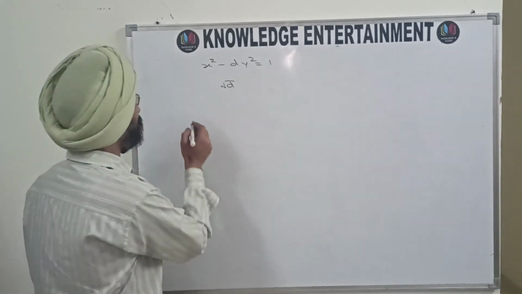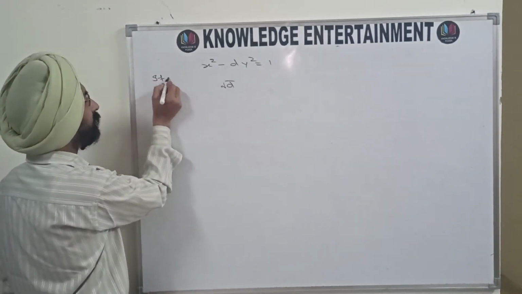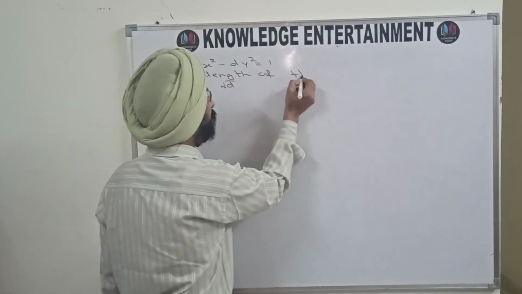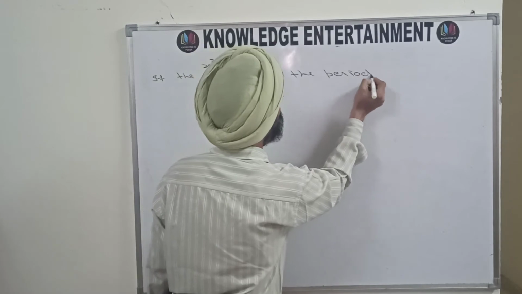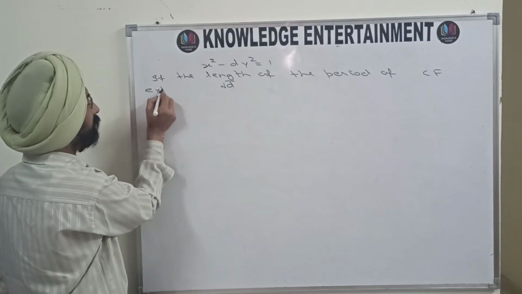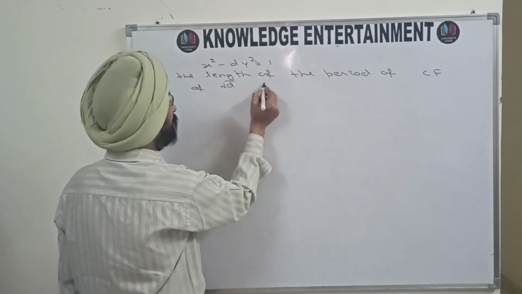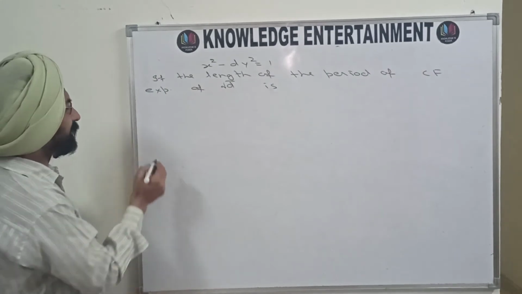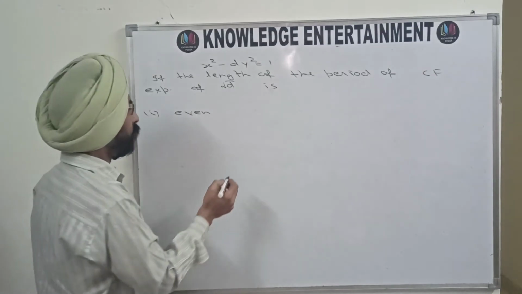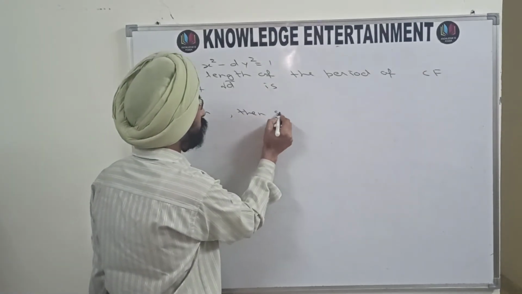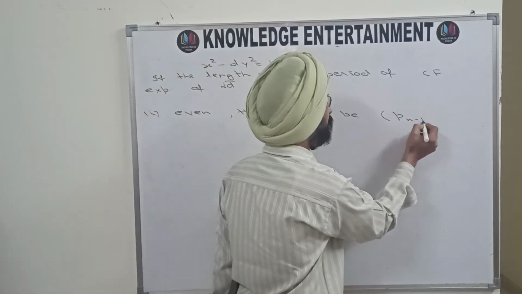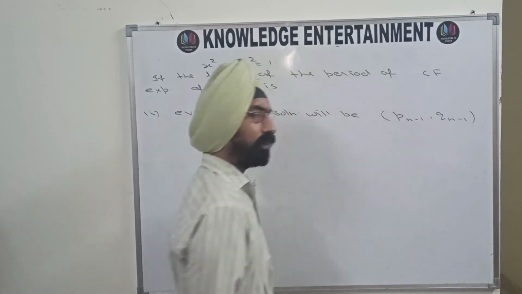If the length of the period of the continued fraction expansion of root d is even, then your solution will be p(n minus 1), q(n minus 1).